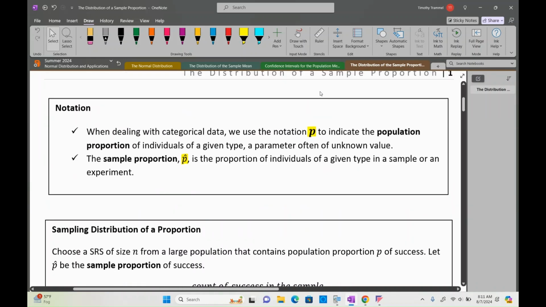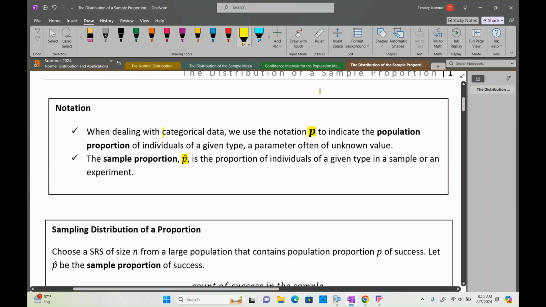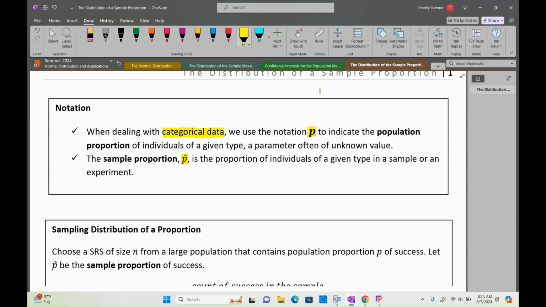There's one more thing to note up here: we're going to be working with categorical data now. We've been working with quantitative data, but it's been continuous, when we were talking about the distribution of the sample mean and performing those hypothesis tests and confidence intervals.